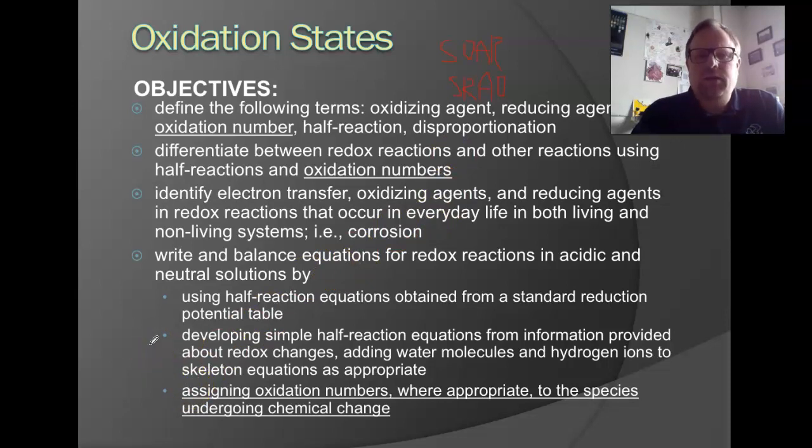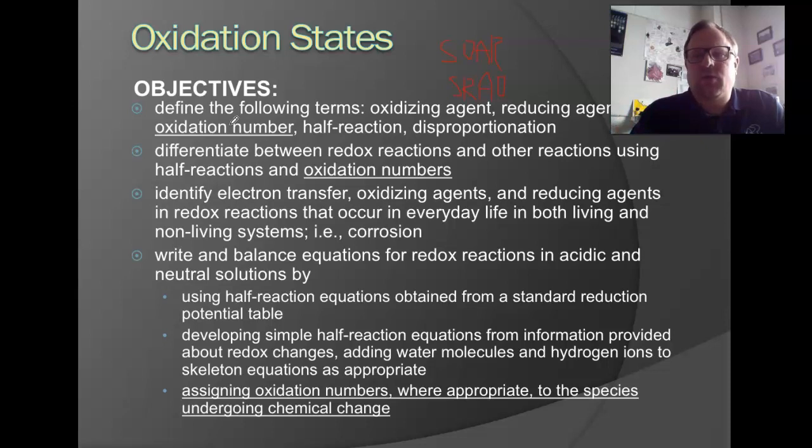Our goal in this concept is going to be continuing to work with oxidizing and reducing agents, but we're going to start to work with this thing called an oxidation number, and we'll define what that is shortly. I think you're going to find that it's relatively simple to work with, and it really is going to help you to see oxidation and reduction occurring in reactions when it's not completely obvious.